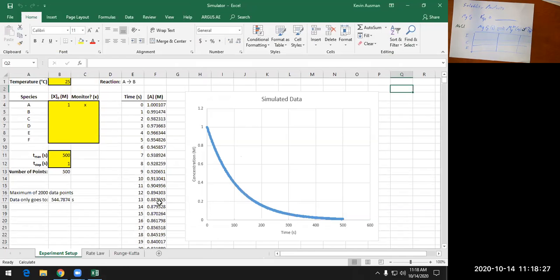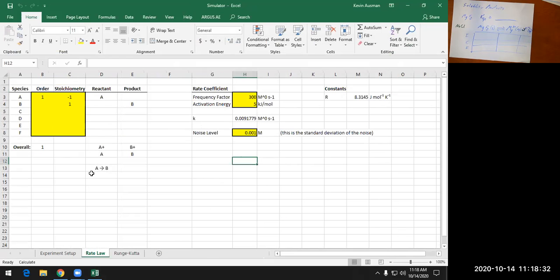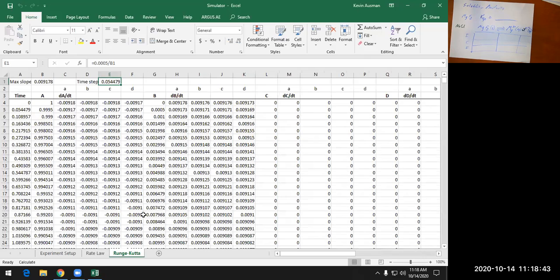So the experiment setup sheet, a rate law sheet that lets you define what the reaction and the rate law is that you're going to be looking at, and then this thing called Runge-Kutta, which you don't need to ever look at. The Runge-Kutta one does all the stuff behind the scenes to do the simulation for you. Don't try to do anything with that, because it's confusing, and if you change anything over here, it's going to screw up what's going on in the other ones.